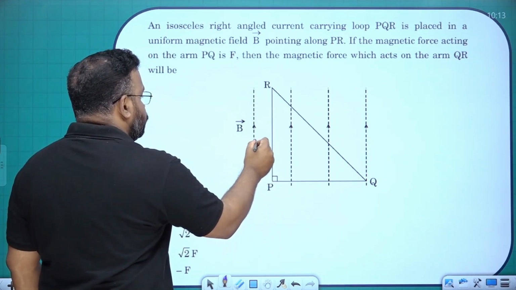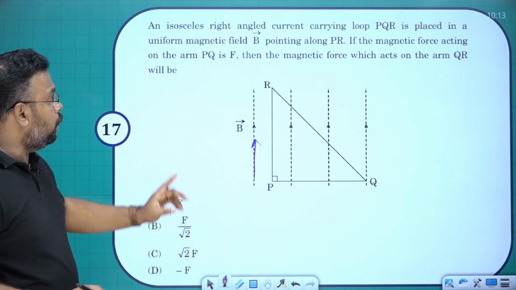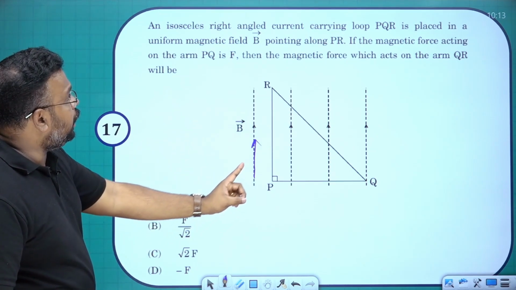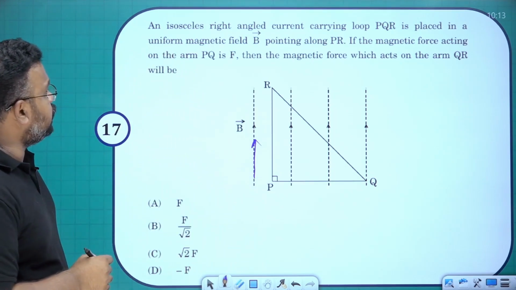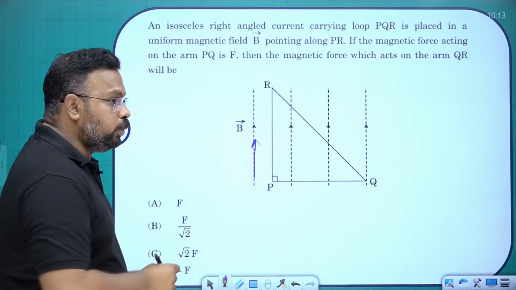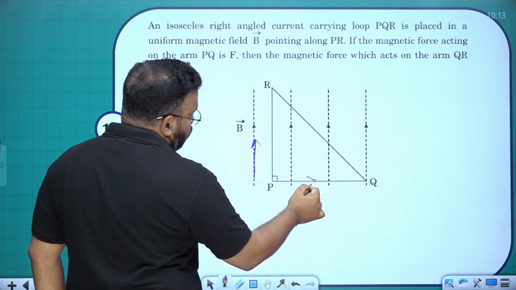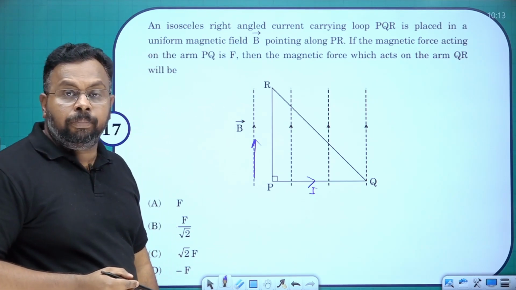So this is the direction of the magnetic field. It's a uniform magnetic field of intensity B. Yes or no? Then the side PQ is experiencing a force F. So if you mark the current direction like this, this side is experiencing a force F.